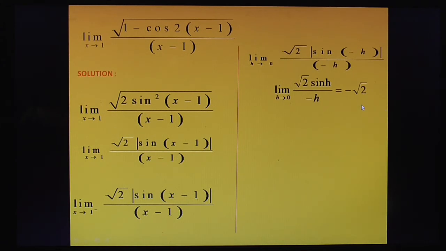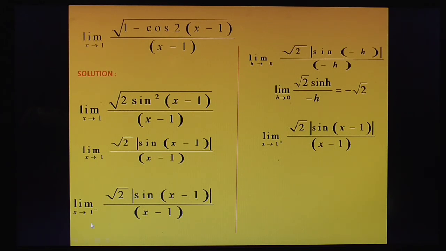Similarly, you observe the right hand limit. That is limit x tends to 1 plus root 2 mod sin (x minus 1) by (x minus 1). For 1 plus, this gives the plus. By here we have taken h as x minus 1. So if x minus 1 is h and h tends to 0, x tends to 1.